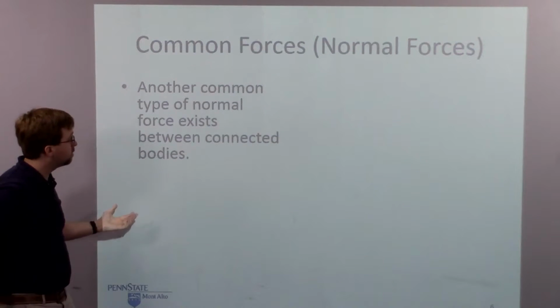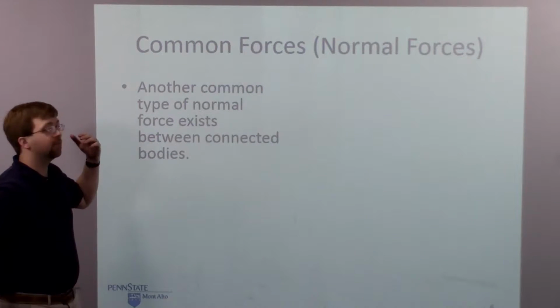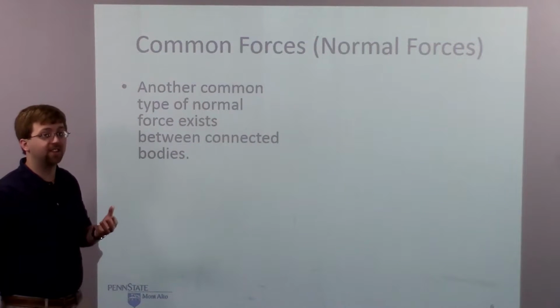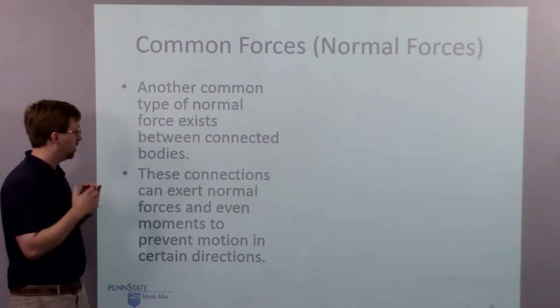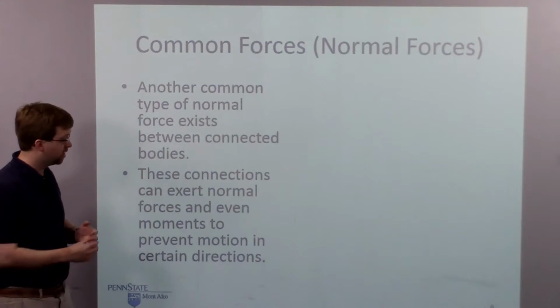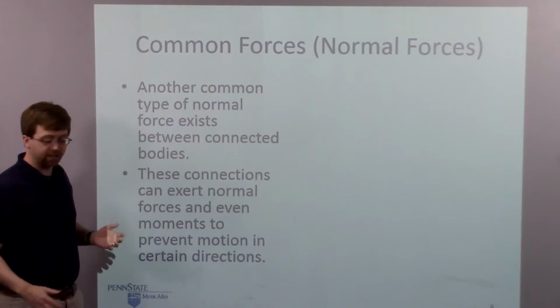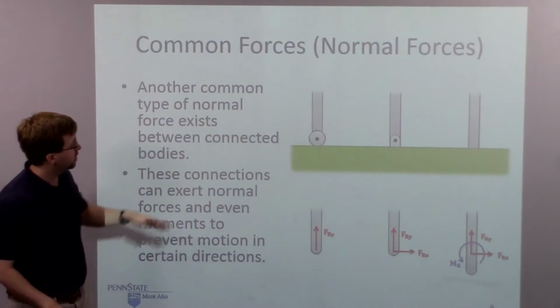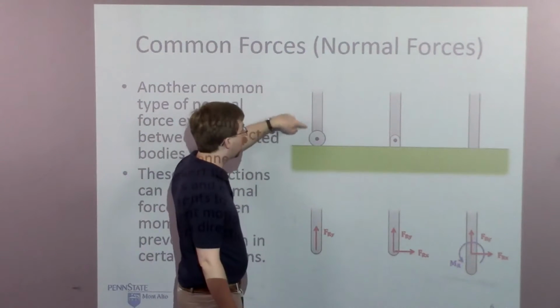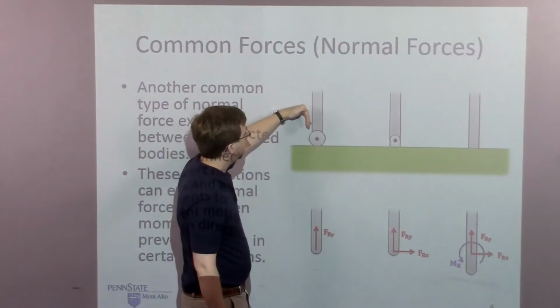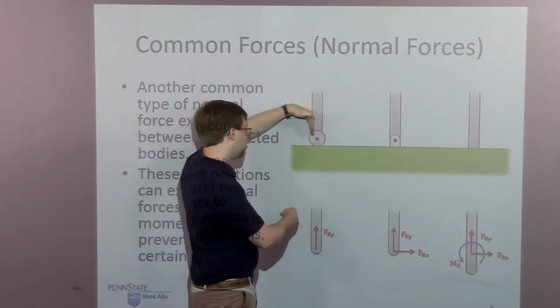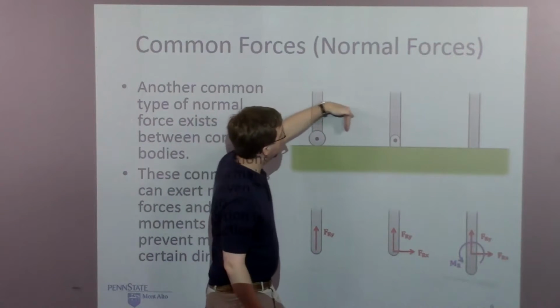Another important thing to look at with normal forces is the forces that exist between connected bodies. So these connections can exert normal forces and even moments that are going to prevent motion in certain directions. And so in this diagram over here, if I've got something like a roller, and so this would be like a wheel on the end of something, that wheel, just like I had something on a surface, it allows motion back and forth.